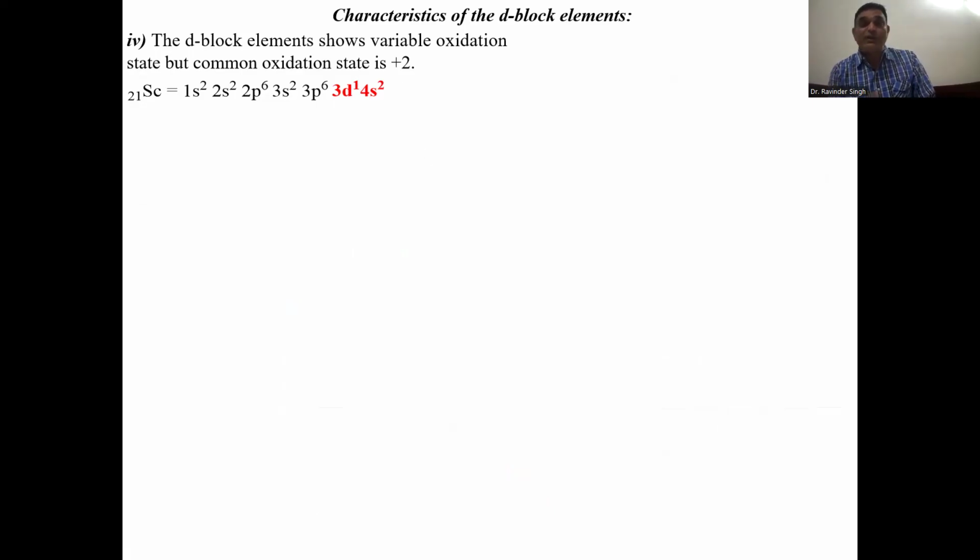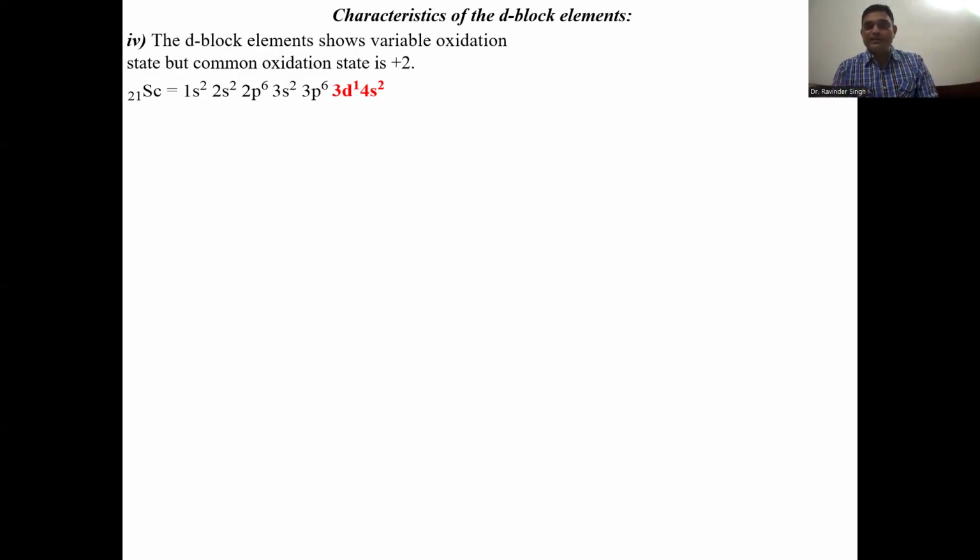All the d block elements can lose 2 electrons easily, because in the valence shell, the s subshell, the number of electrons present is 2, so they can be lost easily. So the common oxidation state is +2.